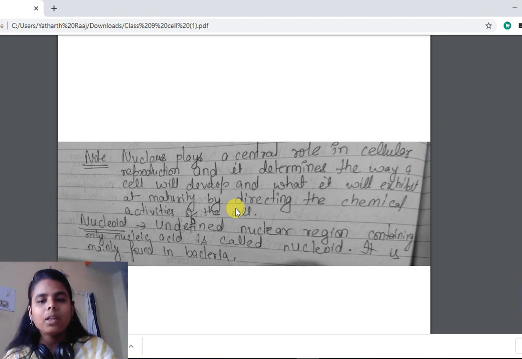And what it will exhibit at maturity is determined by directing the chemical activities of the cell. So everything is determined by the nucleus. It is a very important organelle of the cell. It acts as the brain. It determines how the cell will become at maturity, by the chemical activities of the cell.